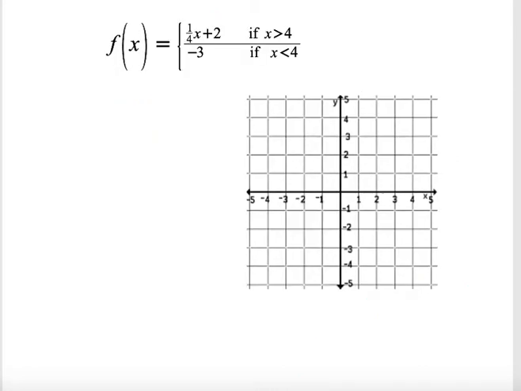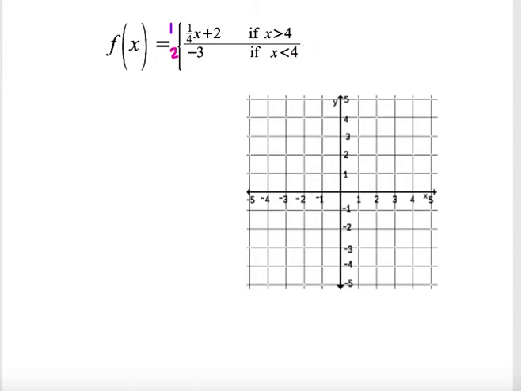If you go to number 6, you're going to see our first true piecewise function. So for this function, you can see 2 different pieces of graphs. All right, so we're going to graph 1/4 x plus 2 if x is greater than 4, and we're going to graph -3 if x is less than 4.